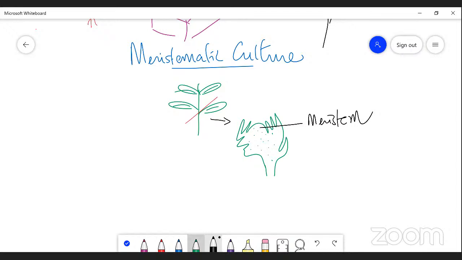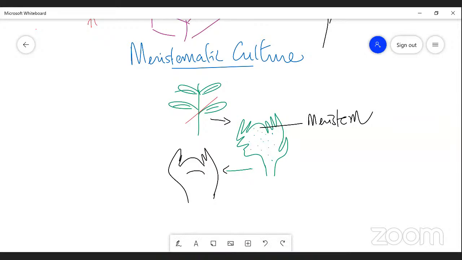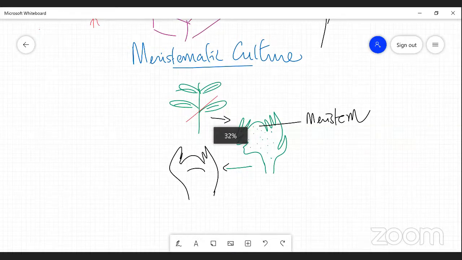Again, when it is transferred to culture medium, it also initiates to form a number of leaves. This is a growing portion of the stem, and again it is to be removed.